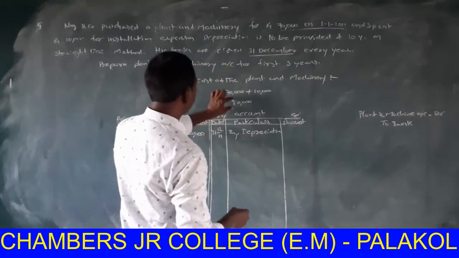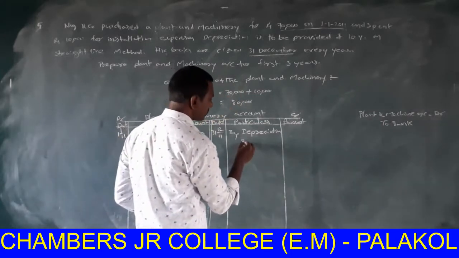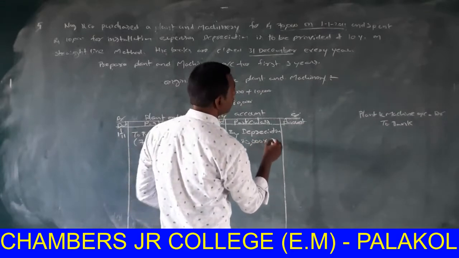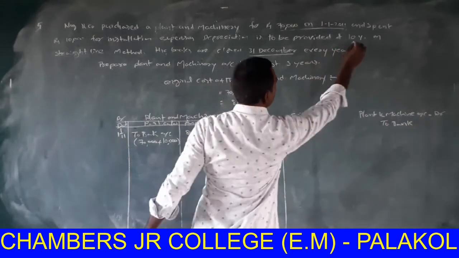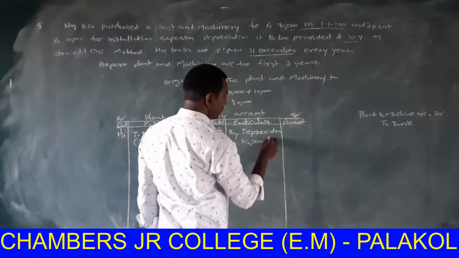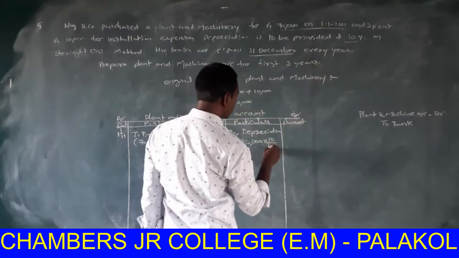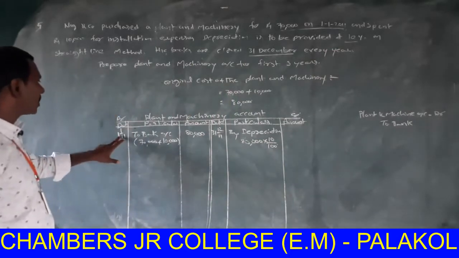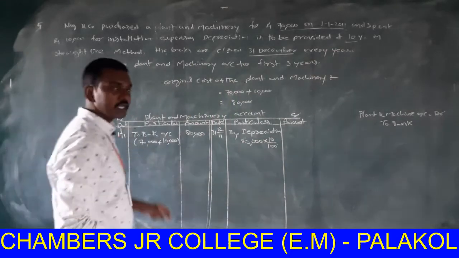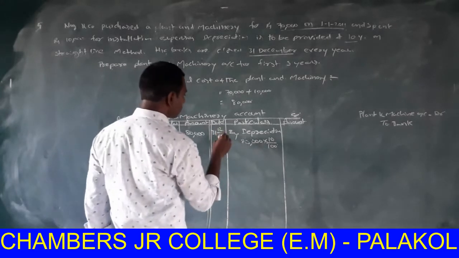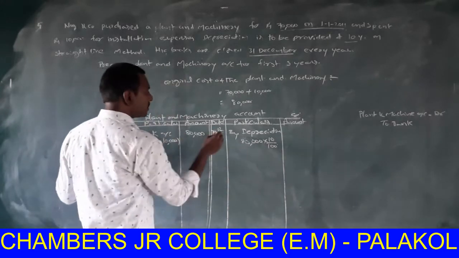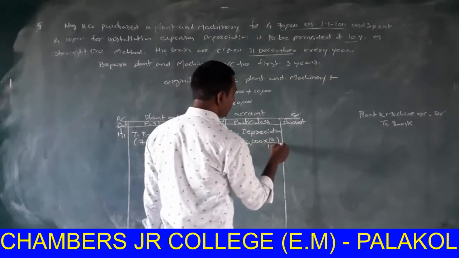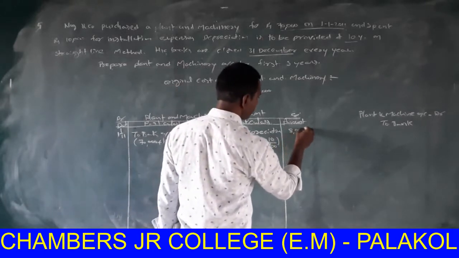Here the cost of the machine is 80,000 into rate of depreciation 10%, so 80,000 into 10 by 100. The machinery was purchased on 1/1/2011 and depreciation is calculated on 31/12/2011, January to December, 1 year. The depreciation is 8,000.